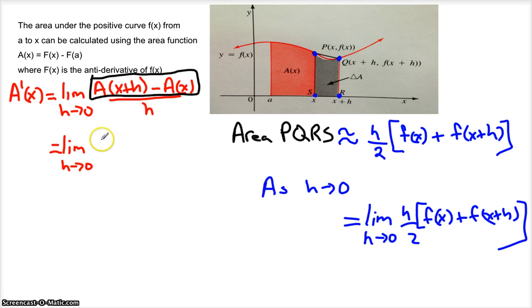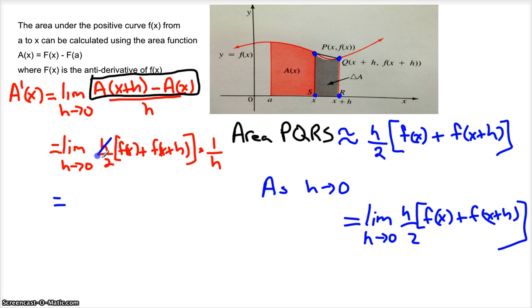So I'll just rewrite h over 2 times f at x plus f at x plus h, right? And I can't forget to divide by h here, so I'm just going to write it to the side here. Multiplied by 1 over h. Okay, so we have this.